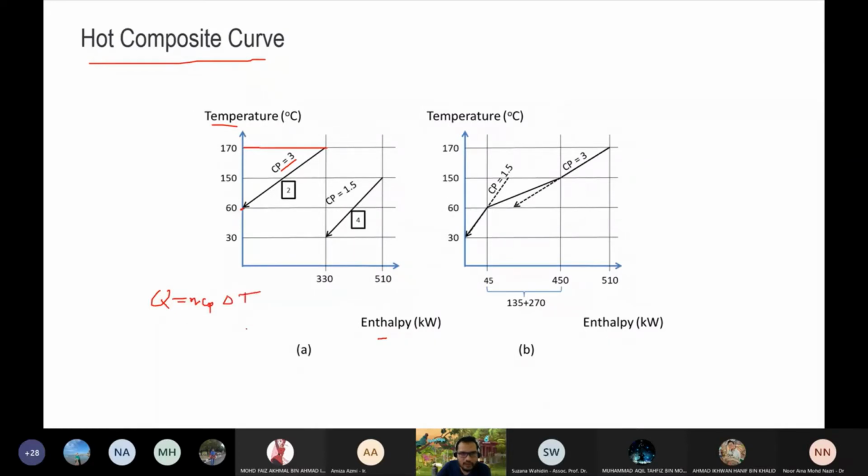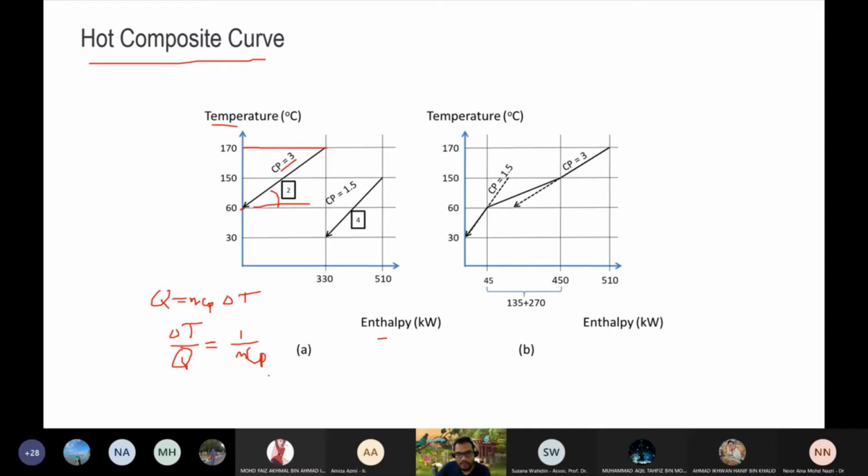And delta T is on the y-axis, so if we put delta T divided by Q, it is equal to 1 over MCP. So this 1 over MCP is then the slope of the curve.